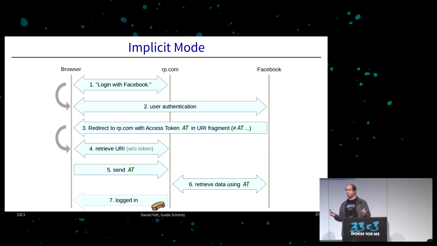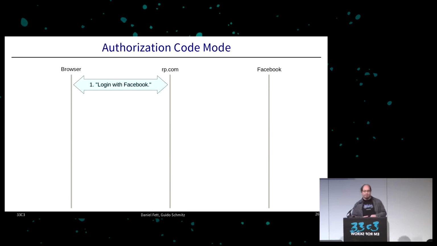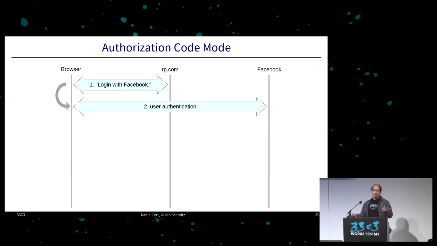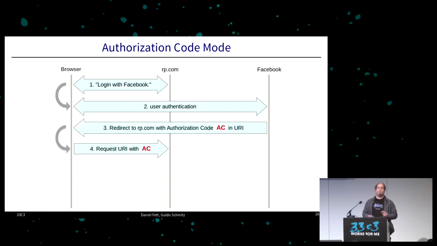So this is the implicit mode. There's also the authorization code mode. There things start similar. The user says, I want to log in with Facebook, gets redirected to Facebook, authenticates at Facebook, and then Facebook, instead of issuing an access token, issues a so-called authorization code.